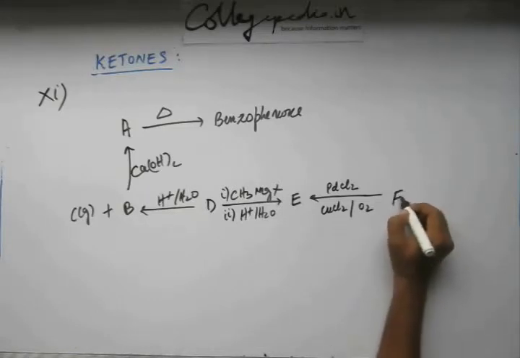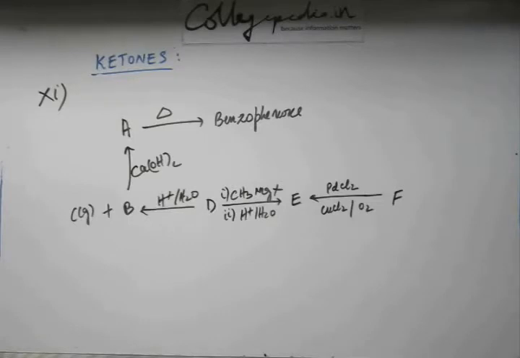Alright, suppose this is the problem and you have to solve this problem. Now the key is benzophenone. Benzophenone has been given to you. From this benzophenone, you will identify what A is. Now after identifying what A is, you will find out what B is, what C is, what D is, what E is, and what F is.